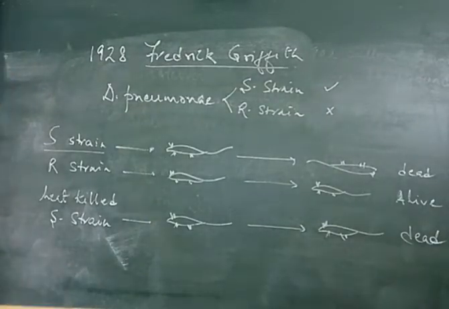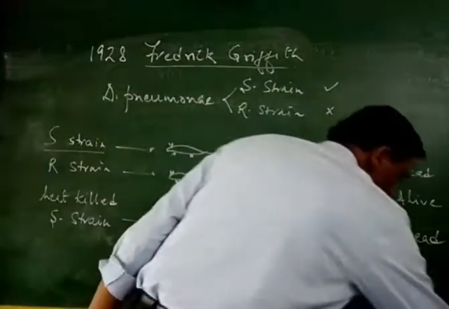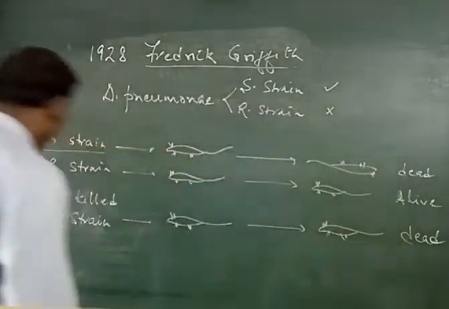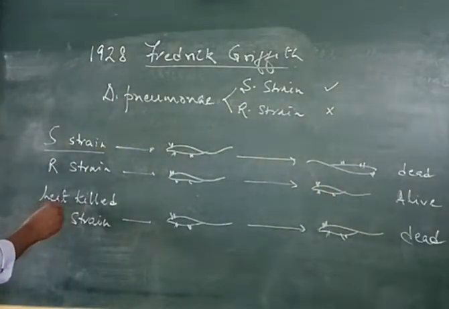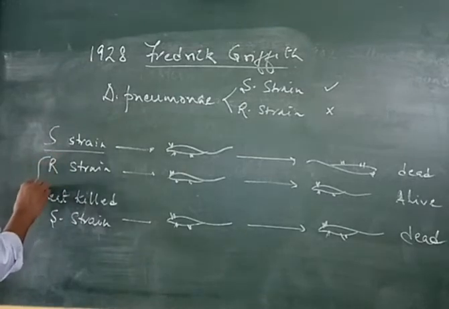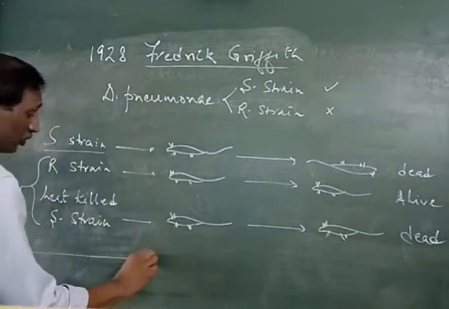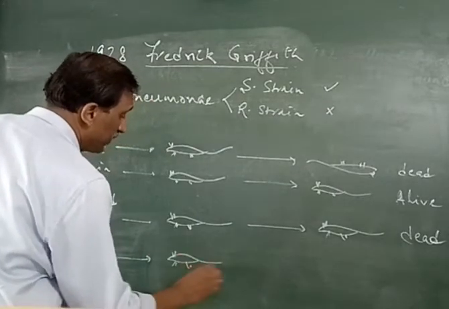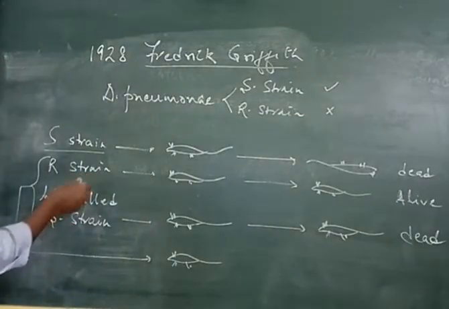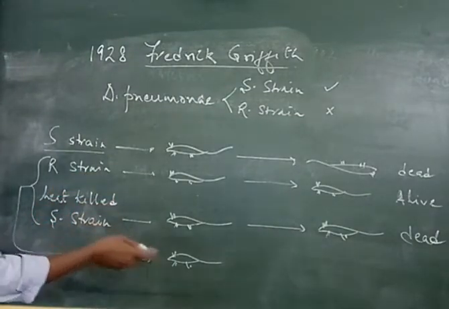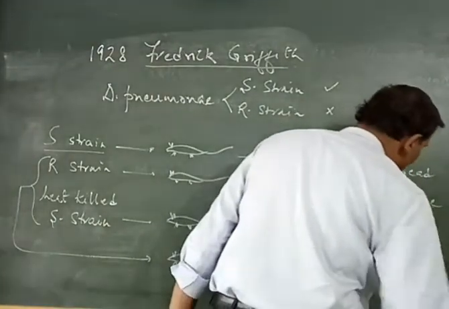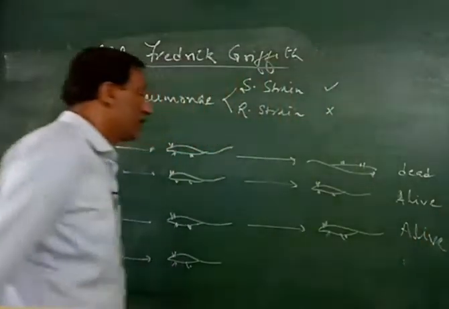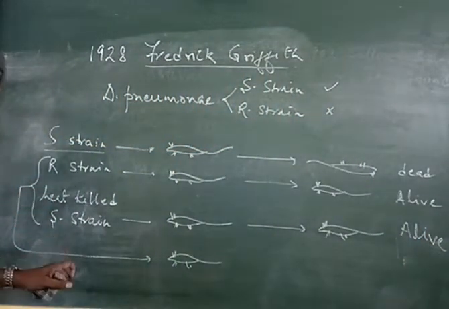Now, whether purposely or unknowingly, in the next step of the experiment, he mixed the heat-killed smooth strain with the rough strain and injected it into a rat. Anybody will say, sir, this cannot cause disease. These also can't cause disease.